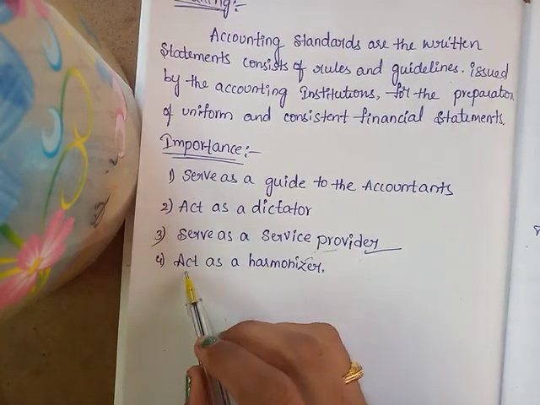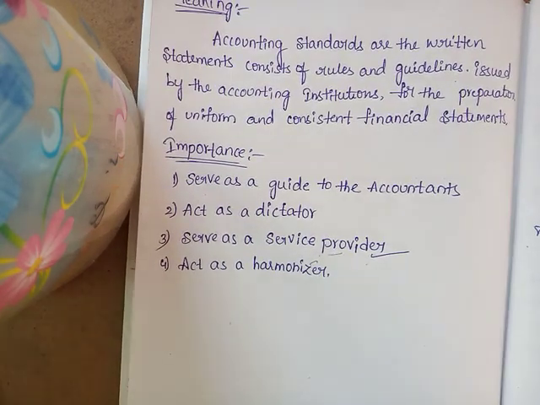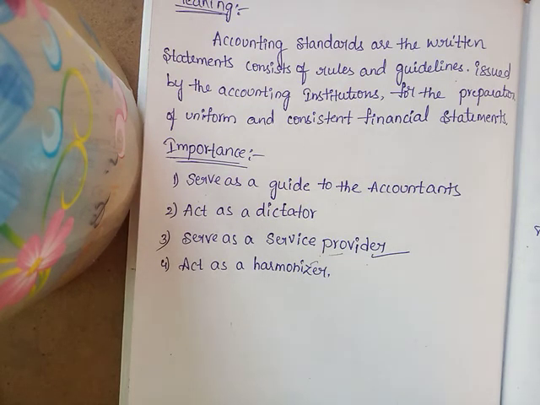Next is act as a harmonizer. Okay, act as a harmonizer means accounting standards are not biased and bring uniformity in accounting methods. Several accounting methods are there, and we have to follow only one method consistently. They remove the effect of diverse accounting practices and policies.